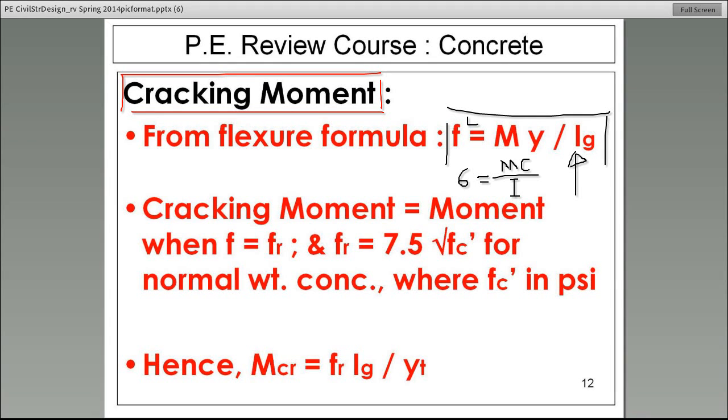Now, the other thing that I want you to really understand is, if you go back to your notes, the second term I told you that you need to learn is modulus of rupture. If you wrote it down, that's what you wrote down, modulus of rupture.